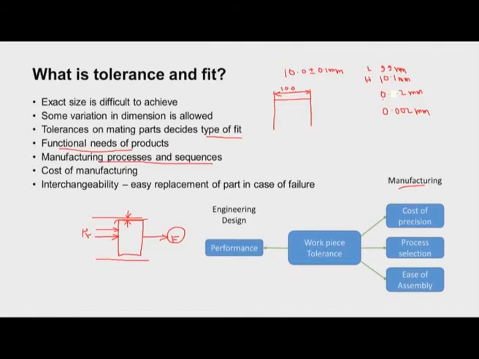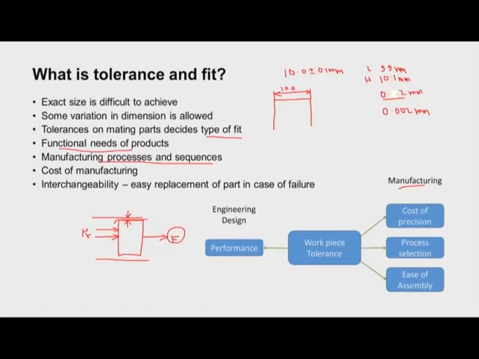And if it is loose but it satisfies the functional needs, then we can go for some processes like fine turning or some rough grinding. So it will reduce the cost of the workpiece.